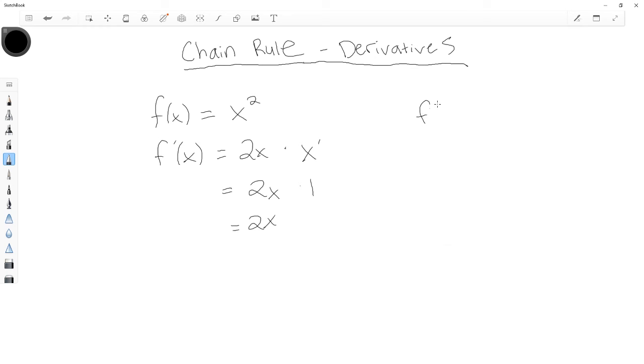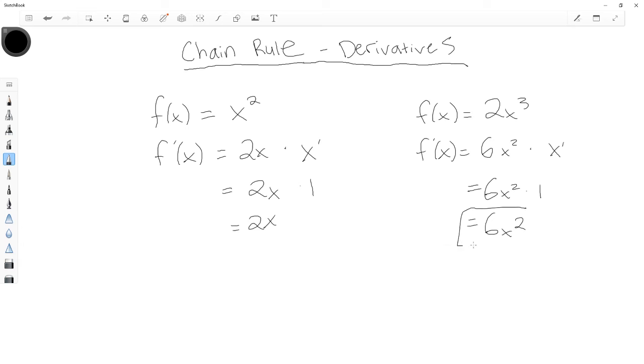It's the same if we were to take the derivative of 2x cubed. Then the derivative of that would be 6x squared times the derivative of x. And that's still just multiplying by 1. So every time we take the derivative, we're always using the chain rule. It's just redundant when we don't have anything inside of x, because we would just be multiplying it by 1.